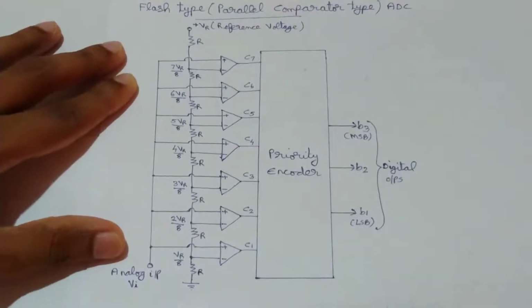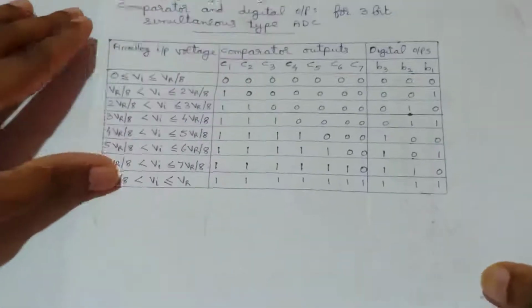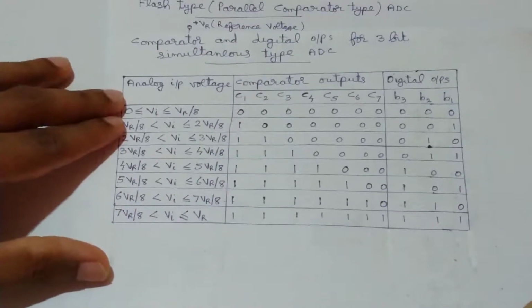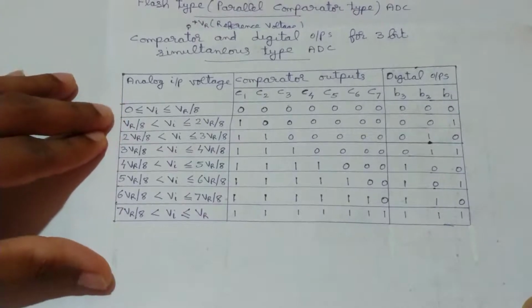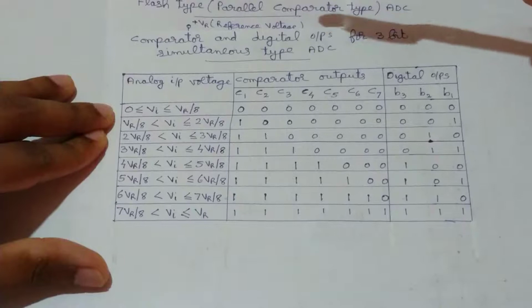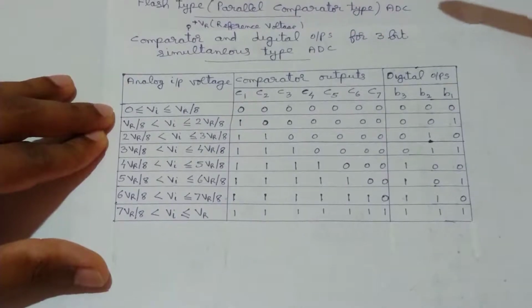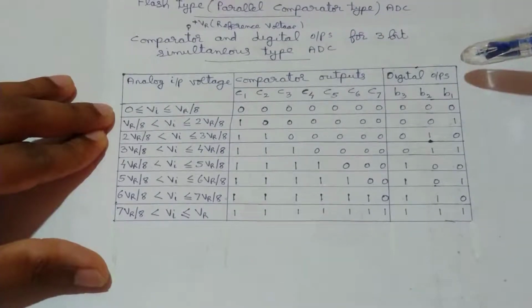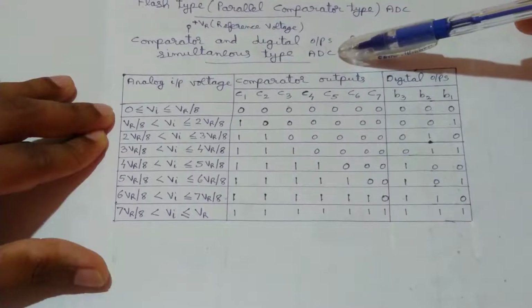Let's consider this case with the help of a table. So consider this table. This is the comparator and digital outputs for this 3-bit simultaneous type analog to digital converter.